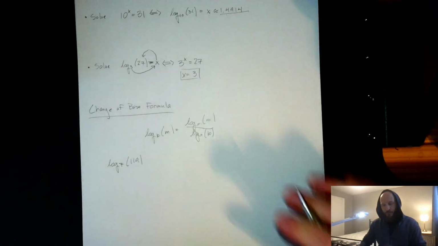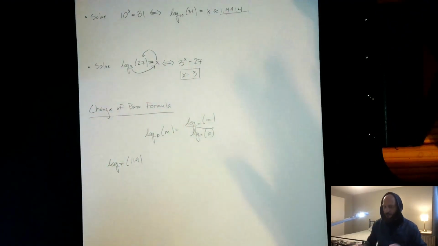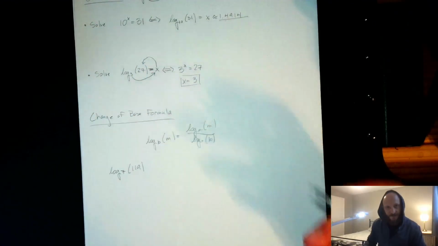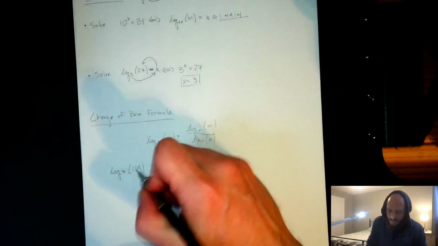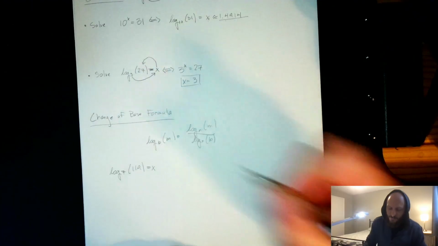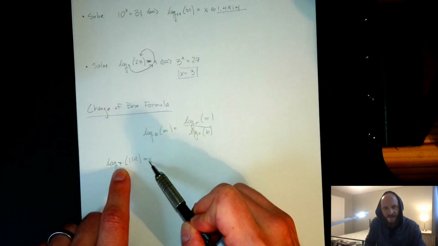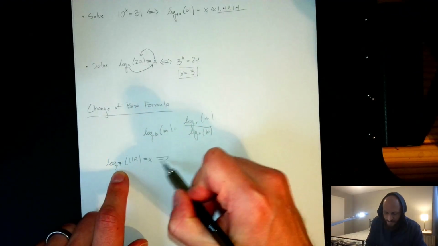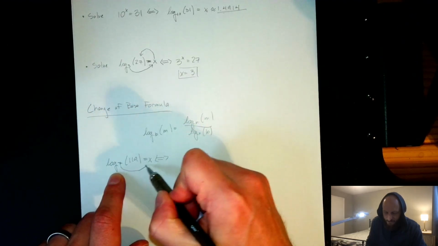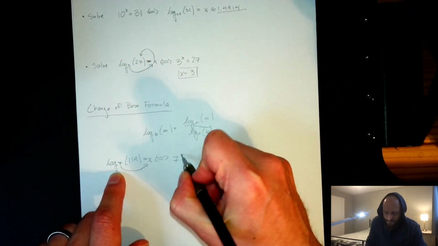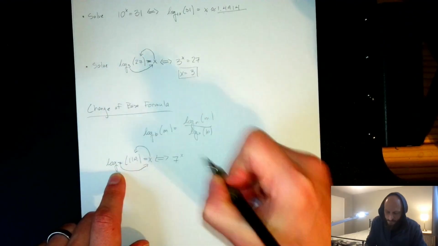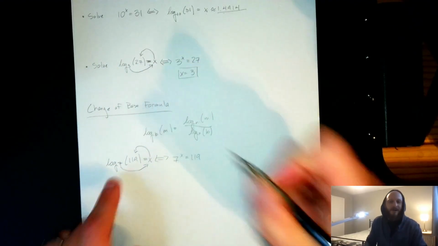So again, first thing that you might want to do, just to make sure, is rewrite this in its exponential form, because maybe we're lucky and maybe it's not too difficult to solve. So I'll give it a name. I'll say log base 7 of 119 is x, so this is equivalent to saying that 7 raised to the xth power equals 119.